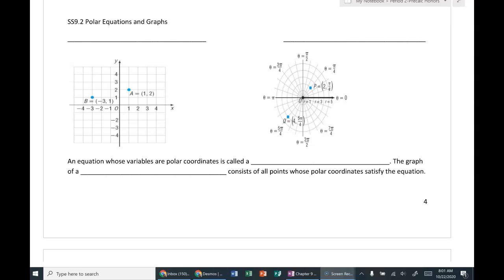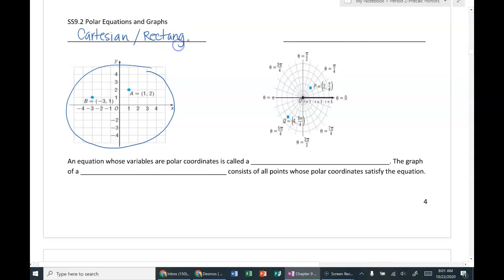So we are picking up from 9.2, polar equations and graphs. On the left side here, this is what we have always seen up until today, right? This is what we call a Cartesian, or in this chapter, they call it a rectangular plane, okay?